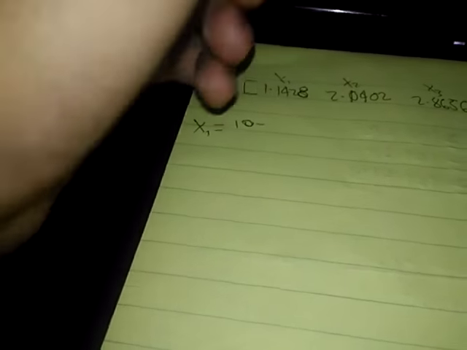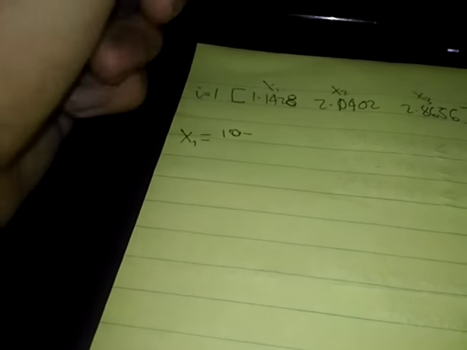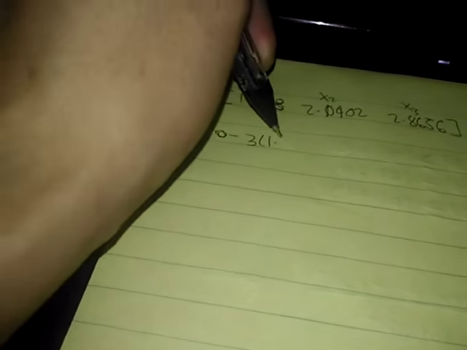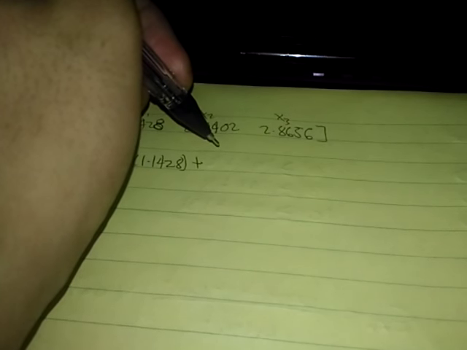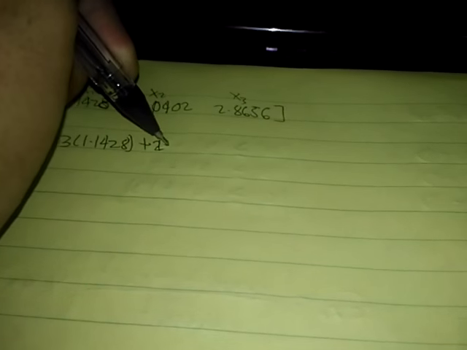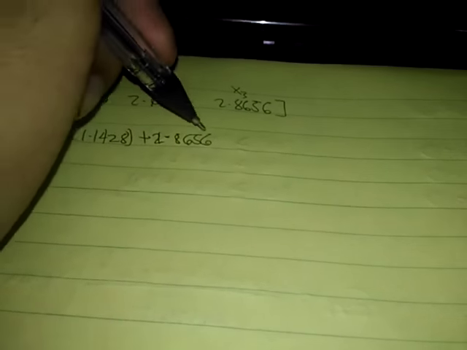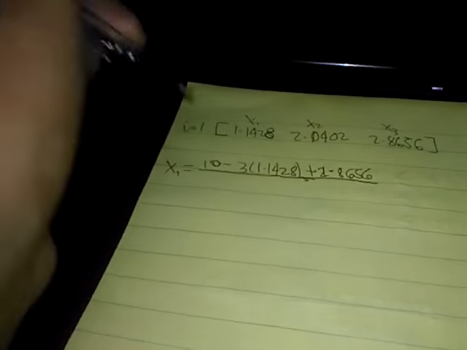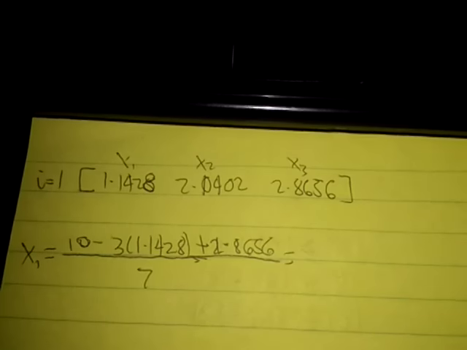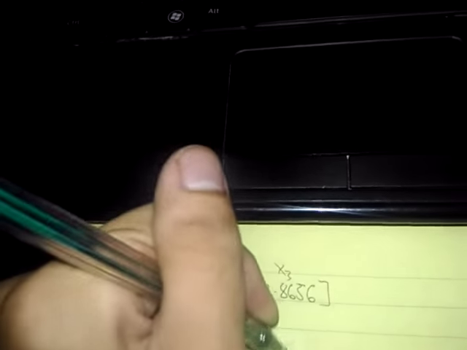So x1 is equals to 10 minus 3 times 1.1428 plus 1 plus ito 2.8656 all over 7. So magiging equal siya sa 1.3481.